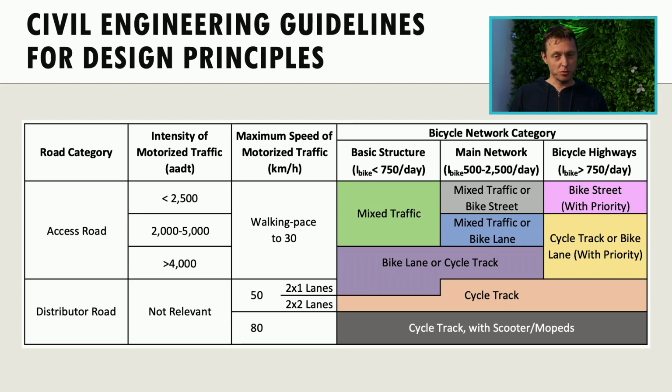But I see two problems with this one. One, it's all about flow and about traffic conditions related to each other, so there's no place for place in this equation, and I think we should definitely take place into the equation. And second, the other danger is if you apply this diagram straight away, you might be stuck too much with the present situation and try to translate the present conditions into a future design.